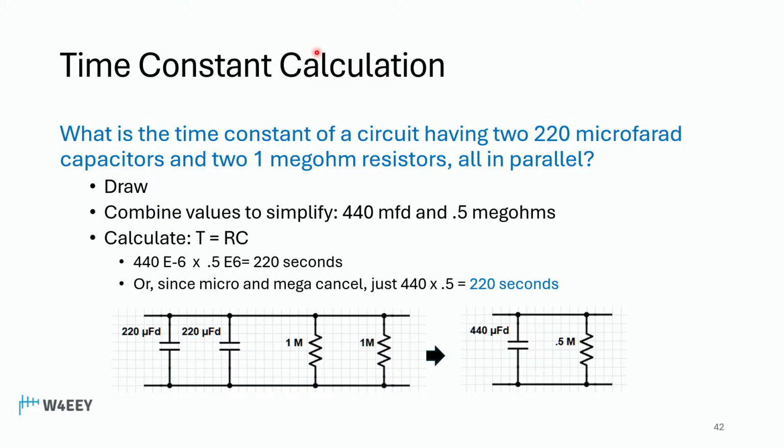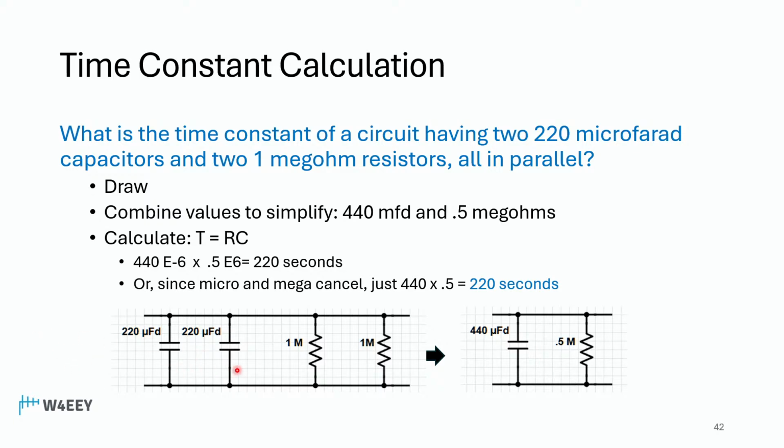There's one time constant calculation, and I'll give you the way that we can solve this. We won't actually do it on the calculator, and then I'll give you a shortcut that makes this really easy. So what is the time constant of a circuit having two 220 microfarad capacitors and two 1 megohm resistors all in parallel? For something that sounds a little hairy, the easiest way for me to do it is to diagram it.